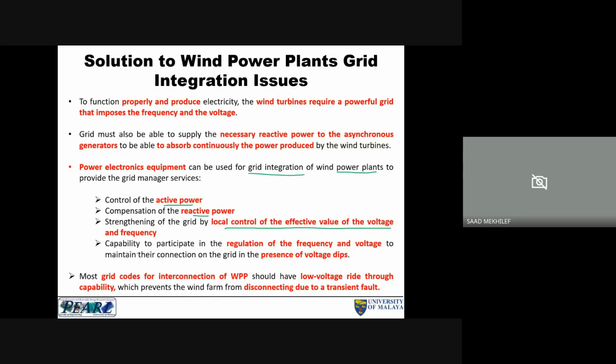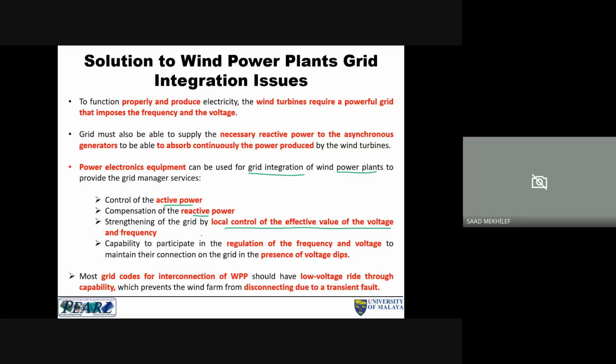And as I said before, most of the inverters now are grid forming inverters. What does it mean? It means they are not just responsible for injecting active power and reactive power compensation, but also they are responsible for voltage and frequency stability.